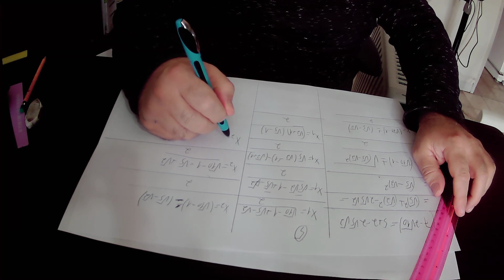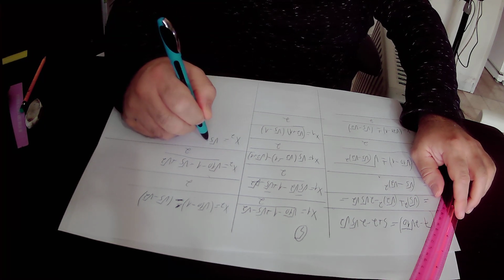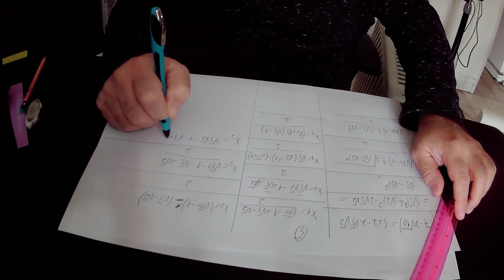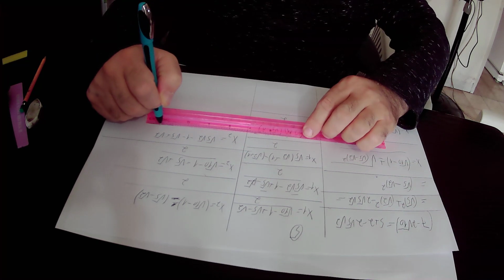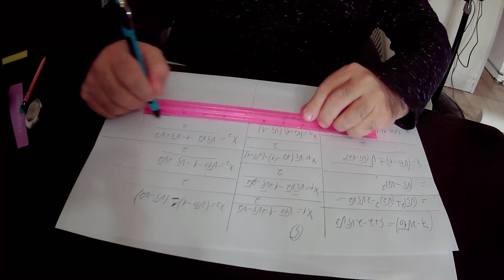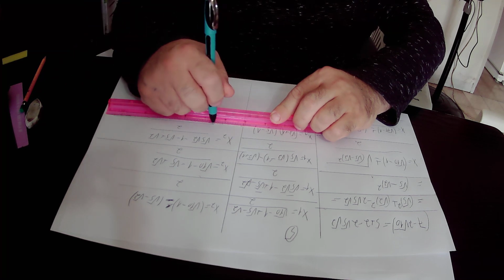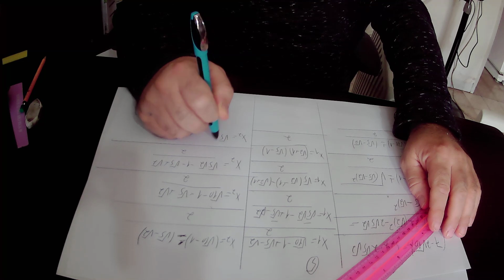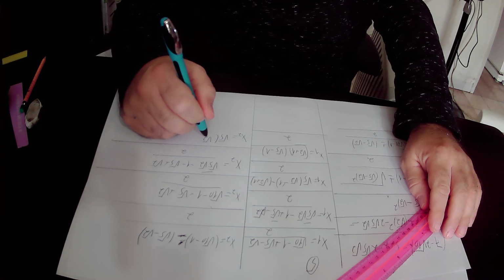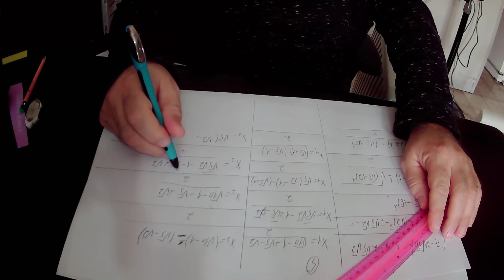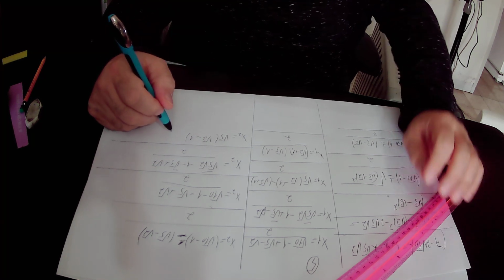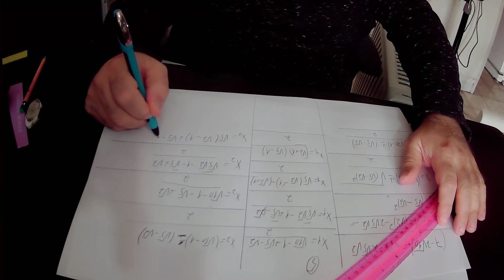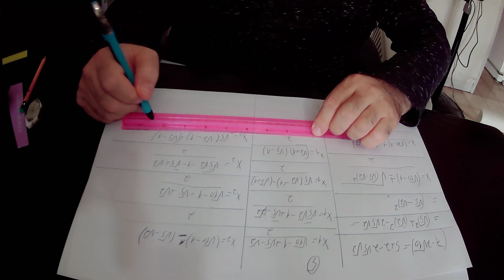Here we will substitute square root of 10 by square root of 5 times square root of 2, minus 1 minus square root of 5 plus square root of 2 over 2. So here we take square root of 5 as a common factor, and inside the brackets we will have square root of 2 minus 1 plus square root of 2 minus 1, all divided by 2.